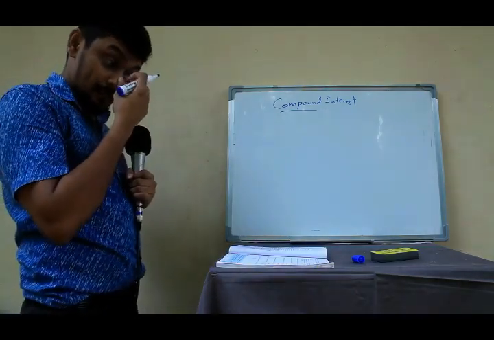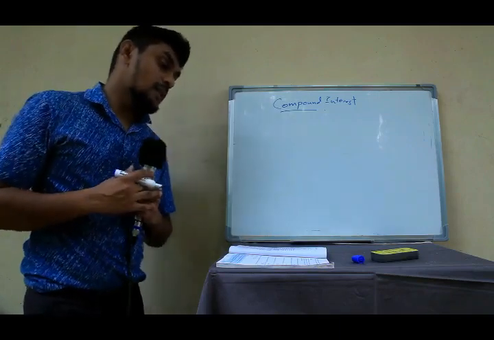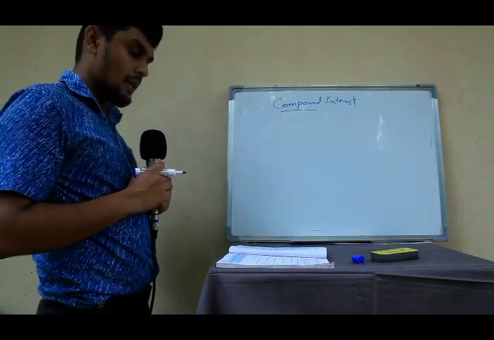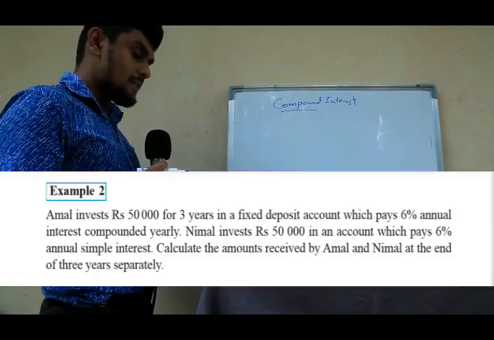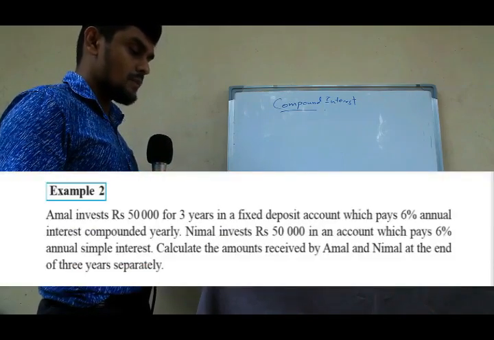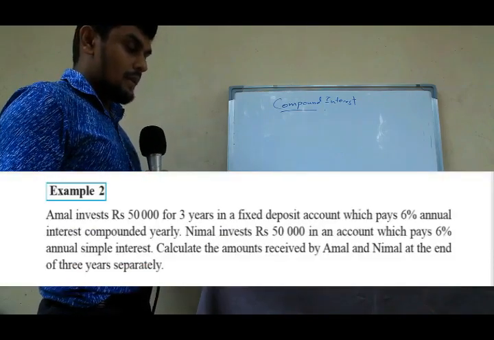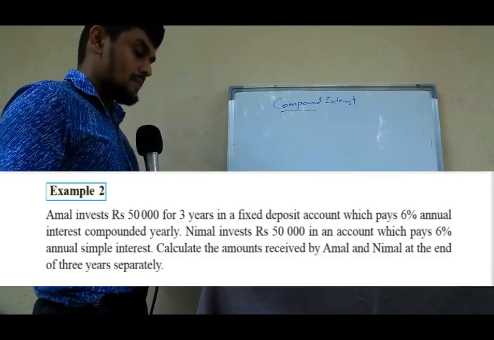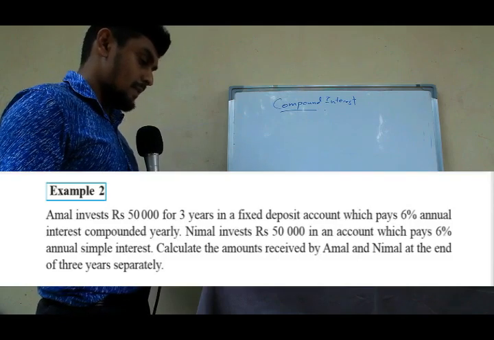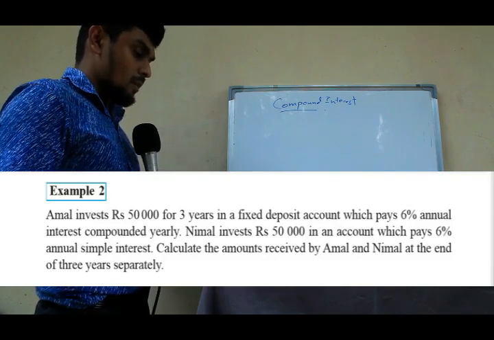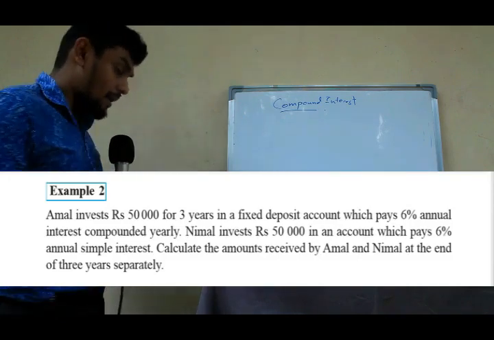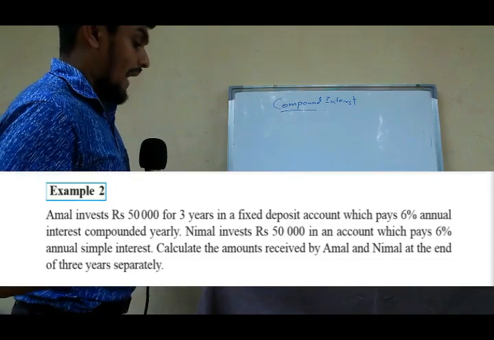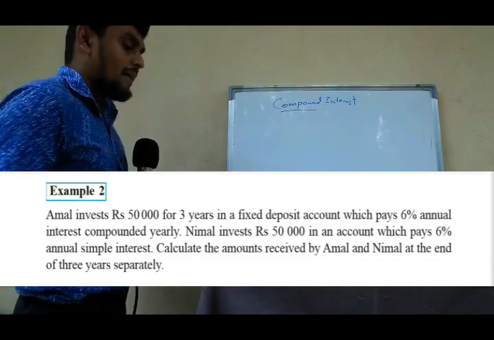Amal invests 50,000 rupees for 3 years in a fixed deposit account which pays 6% annual interest compounded yearly. Nimal invests 50,000 in an account which pays 6% annual interest. Calculate the amounts received by Amal and Nimal at the end of 3 years separately.